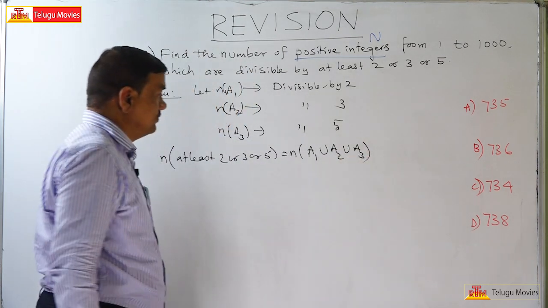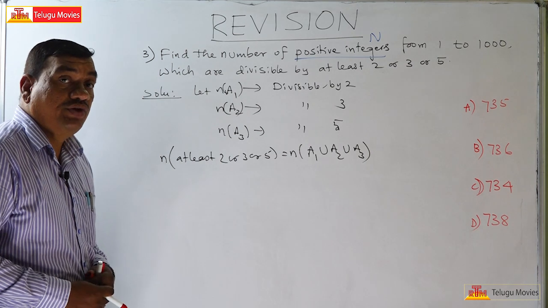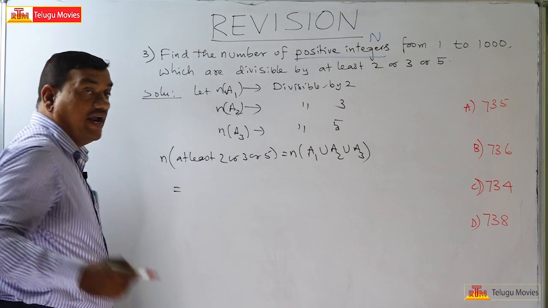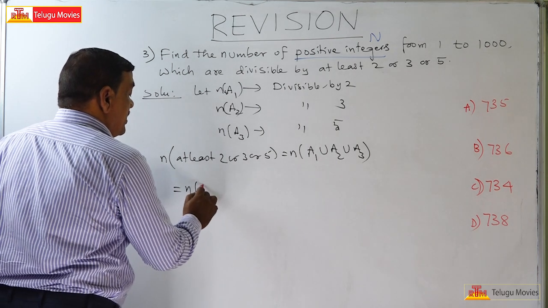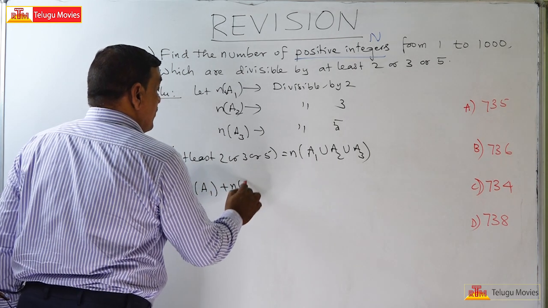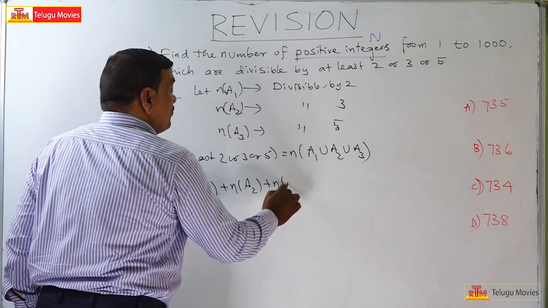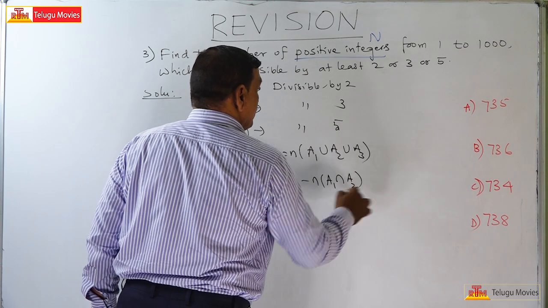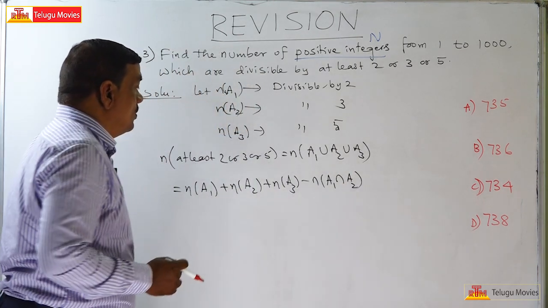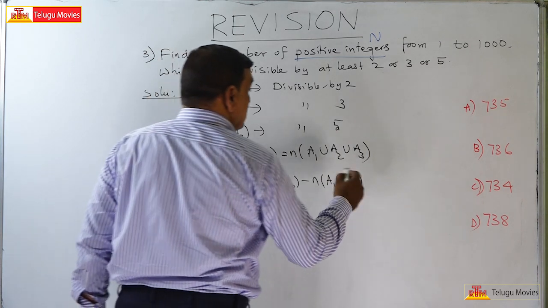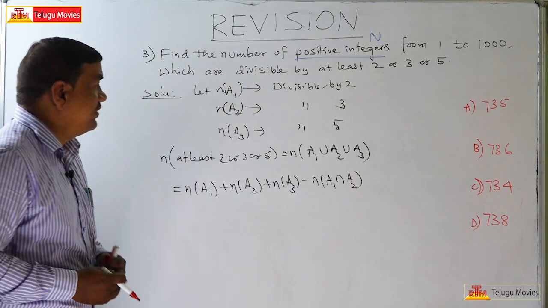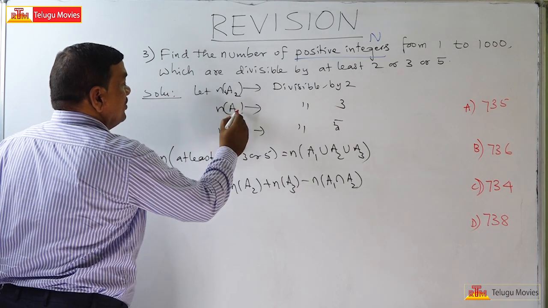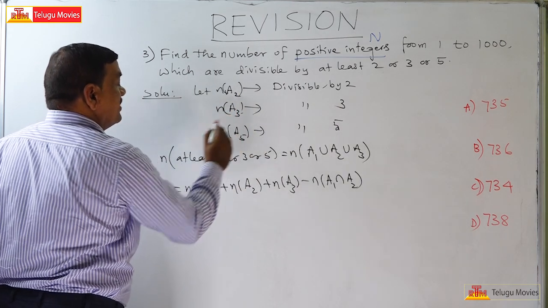This is given by the addition rule formula: n of A1 plus n of A2 plus n of A3 minus n of A1 intersection A2. Otherwise, for our convenience, we can say like this: this is A2, this is A3, and if you take A5, that will be very nice.